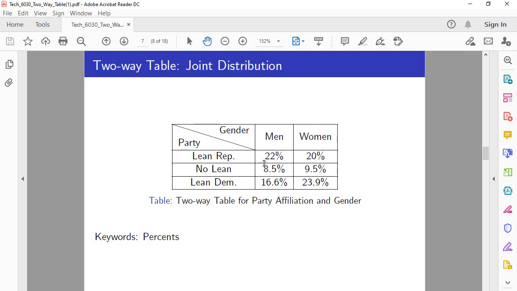Well, that would be 22%. What is the chance that a female adult will prefer the Republican Party? Well, that's 20%. What's the chance that a female adult will prefer the Democratic Party? Well, that's 23.9%.